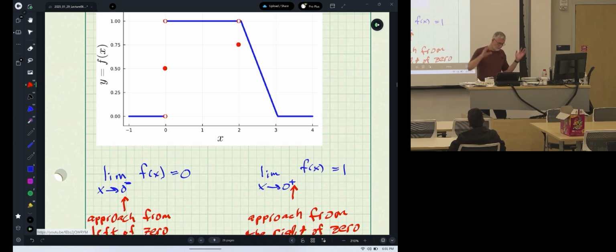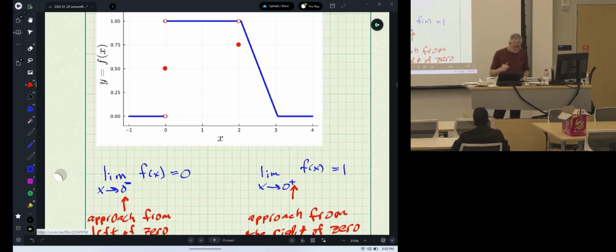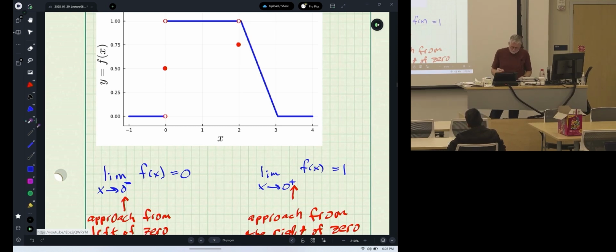Now, are we only able to do that when the function is piecewise constant, etc.? I don't know. Let's pick a different point.